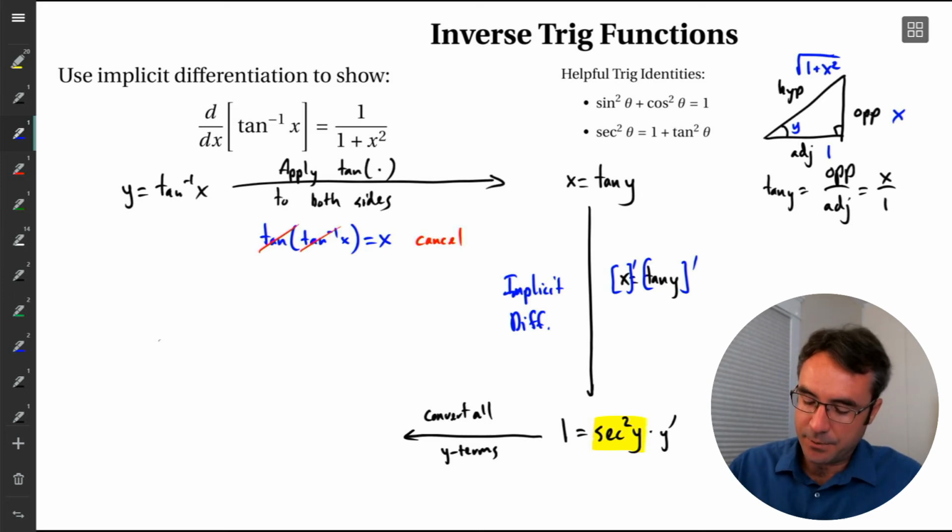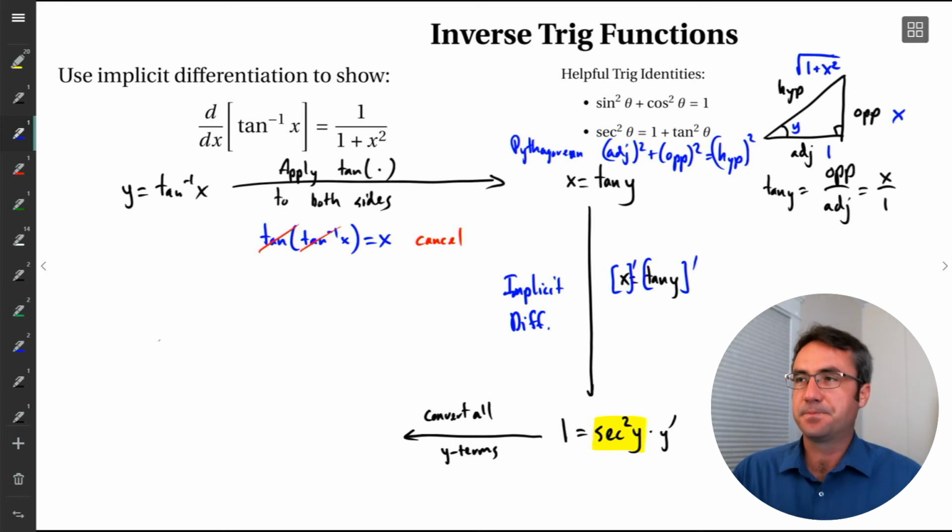Again, the Pythagorean theorem: adjacent squared plus opposite side squared is equal to the hypotenuse squared. So we know the adjacent and the opposite side from this formula right here, so we can find the missing side of our right triangle.